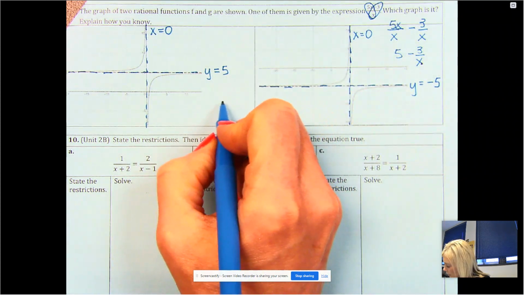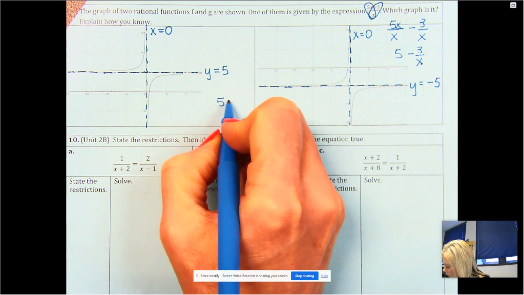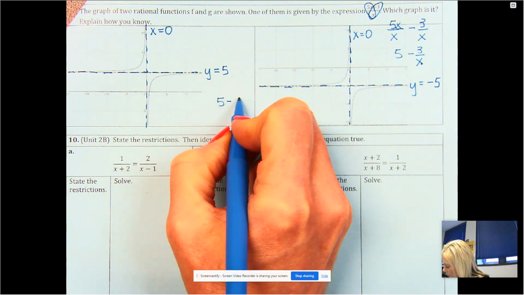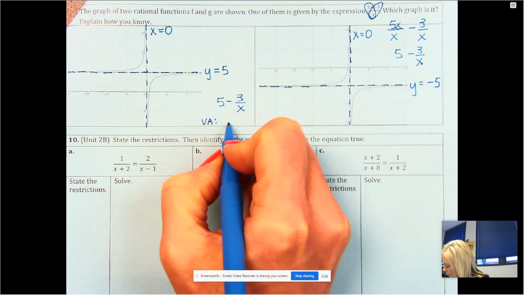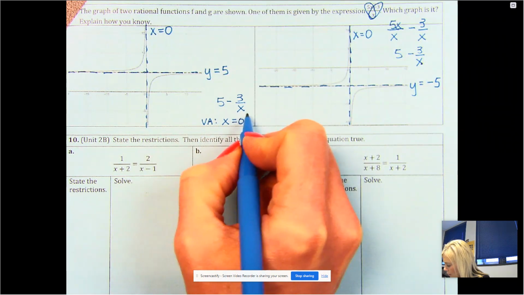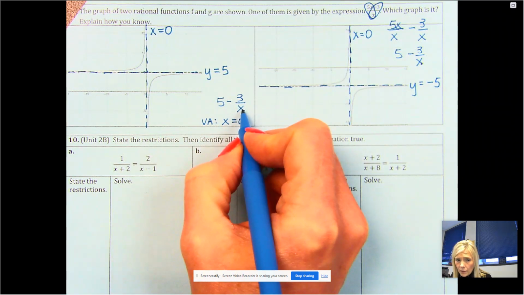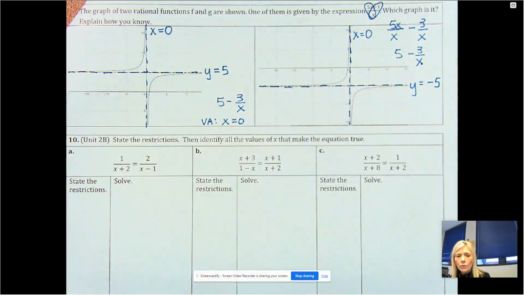So let's see if I can write it right here. So for 5 minus 3 over x has a vertical asymptote at x equals 0 because there's just an x in the denominator, so nothing to solve.